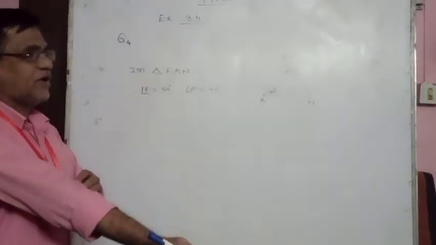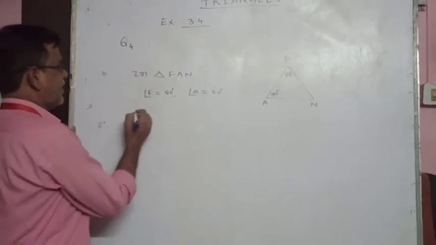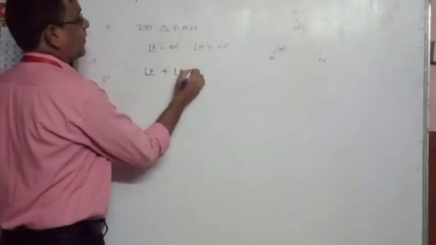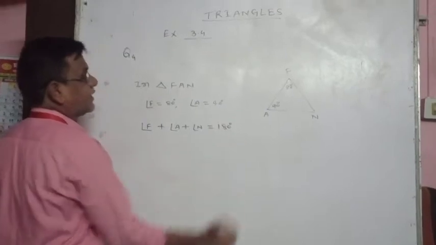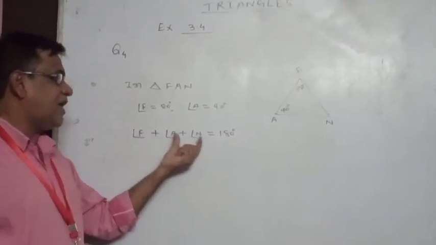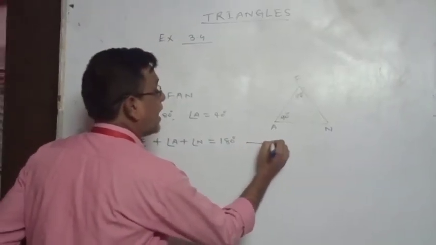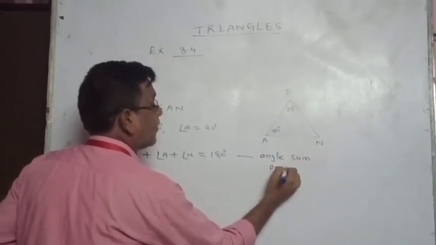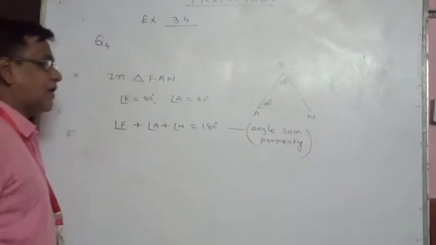We say that angle sum property. Using this angle sum property, we can say that angle F plus angle A plus angle N is equal to 180. We already learned this property in previous chapter.